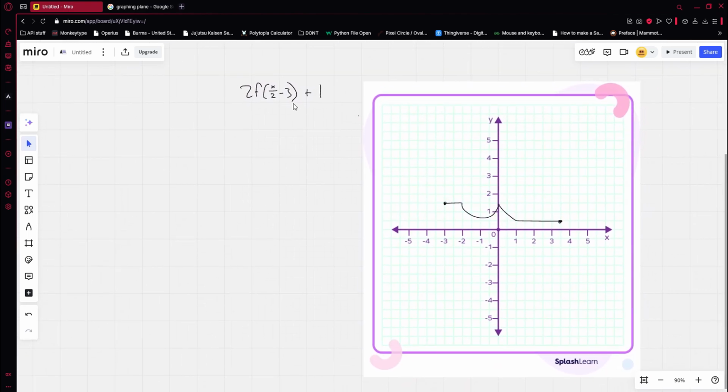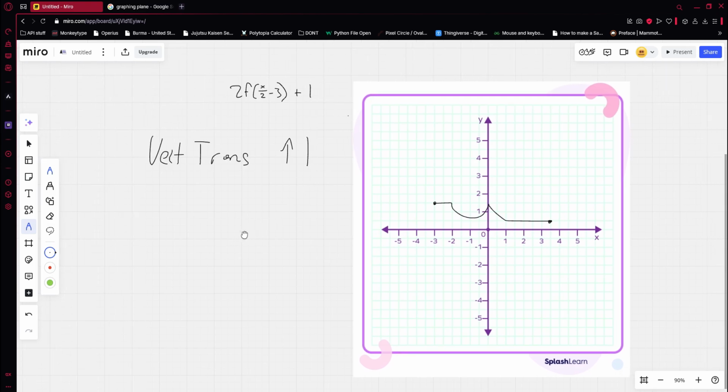If we look at this, the most easily identifiable thing is this right here. Vertical translation. It's outside, just adding or subtracting from the giant function mess right here. So we are vertically translating up, because this is positive 1, by 1. Right?